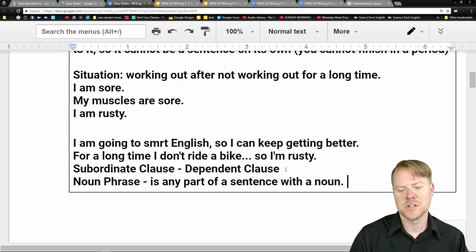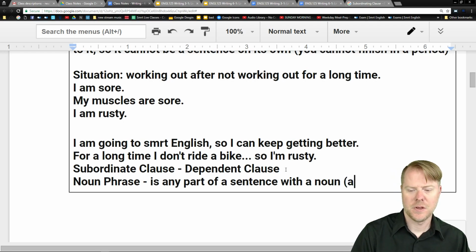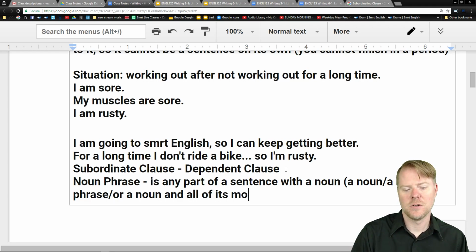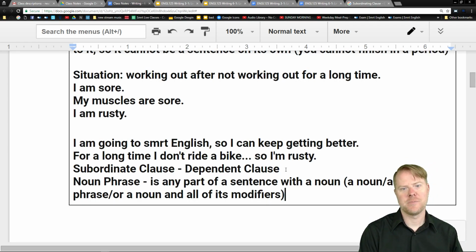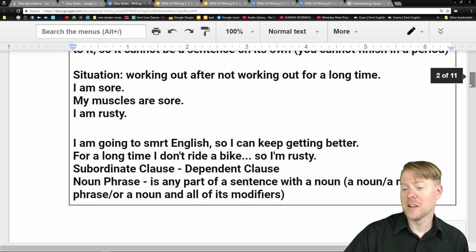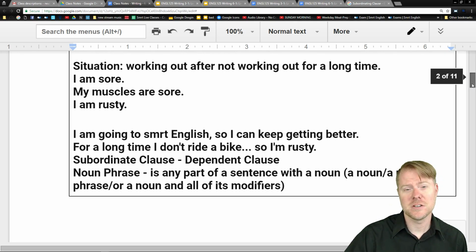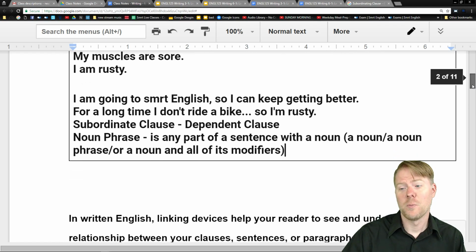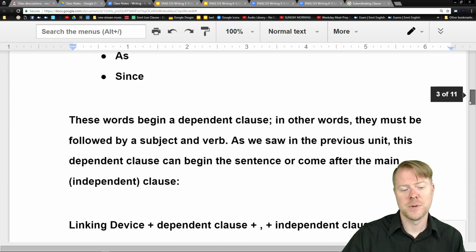So it could be just a noun, one word, or a noun and all of its modifiers, meaning all the adjectives that describe that noun. So it could be as short as one word, it could be two words, it could be a long series of words. It's just all nouns and the things that describe that noun, but no verb, no verb.